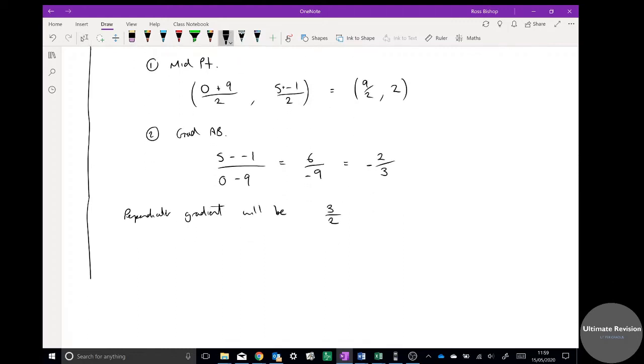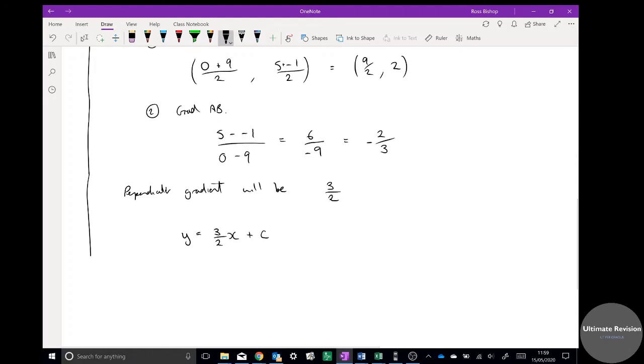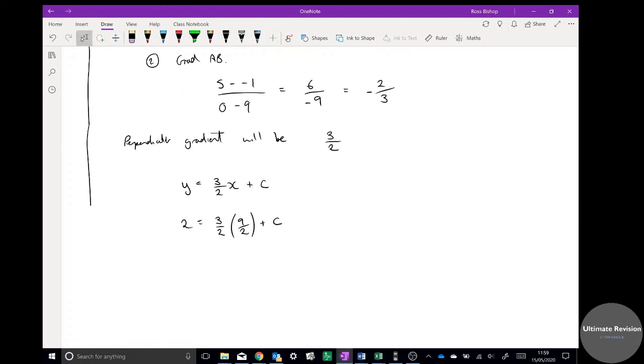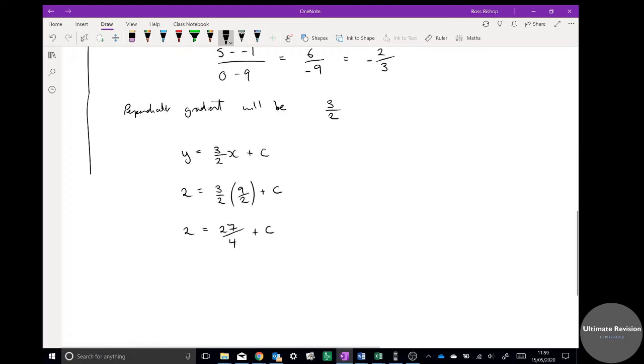So therefore, I know that the equation of the line is going to be y equals 3 over 2 x plus c. Let's substitute our values. 2 equals 3 over 2 times 9 over 2, plus c. If we multiply that out a little bit, I get 2 equals 27 over 4, plus c.